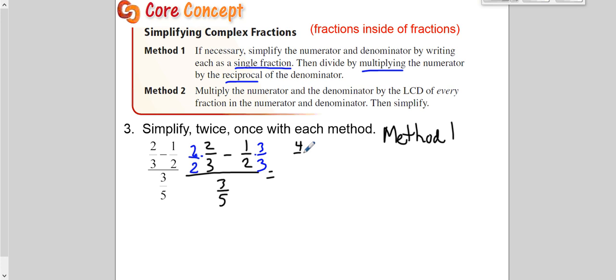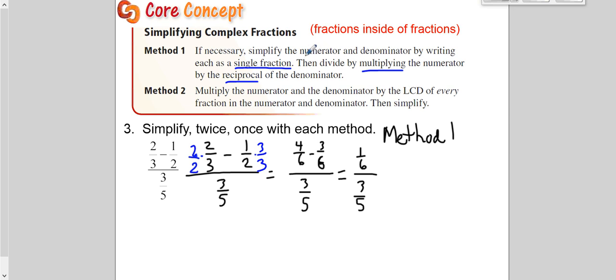Multiply, multiply, now we can subtract. All right, we've accomplished the first part of method 1.